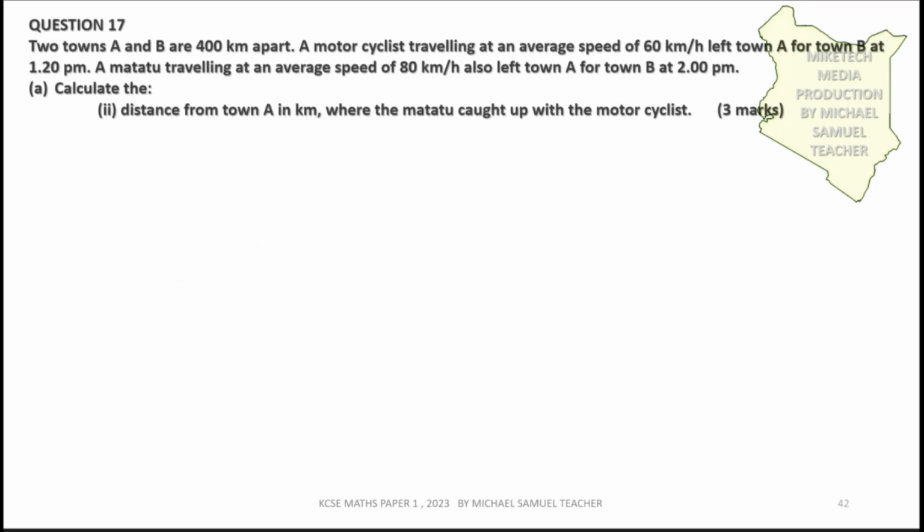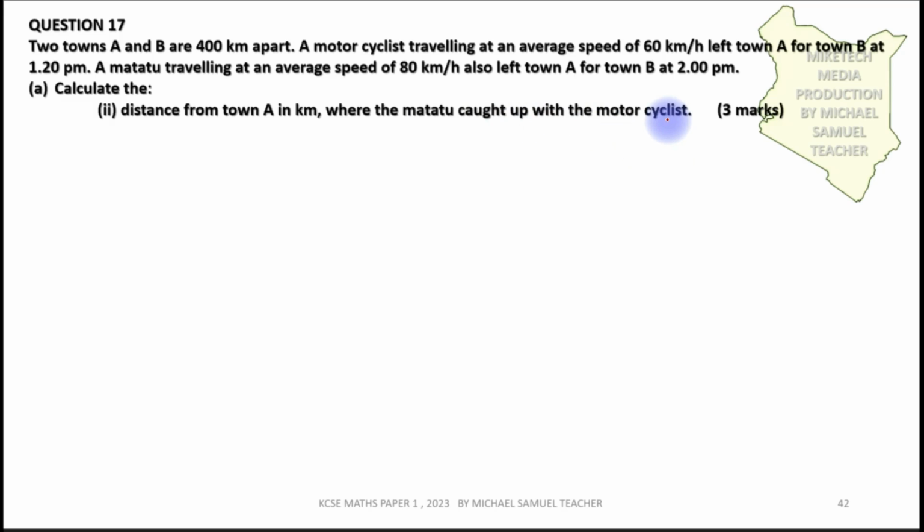Then Roman 2, distance from town A in kilometers where the matatu caught up with the motorcyclist.